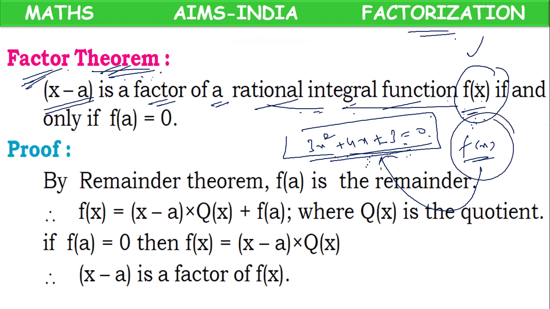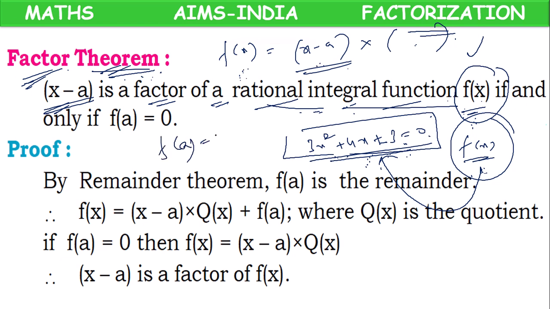So we have an equation f of x. For that f of x, if x minus a is a factor, there may be another factor also, but if x minus a is one of the factors for f of x, that will be a factor if and only if f of a equal to 0.